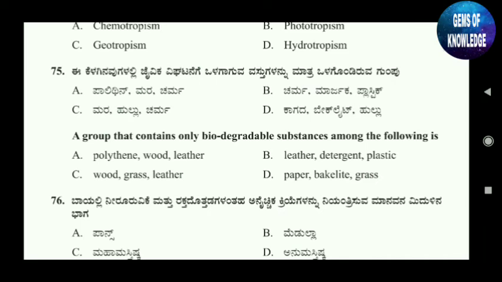Okay, so here the correct option will be C, that is wood, grass and leather, because here nothing is non-biodegradable substance, whereas in the option A you can see polythene is given, and in the option B plastic is given, and in the option D bakelite is given, and these three are nothing but non-biodegradable substances. Okay, so here the answer will be C, that is wood, grass and leather.